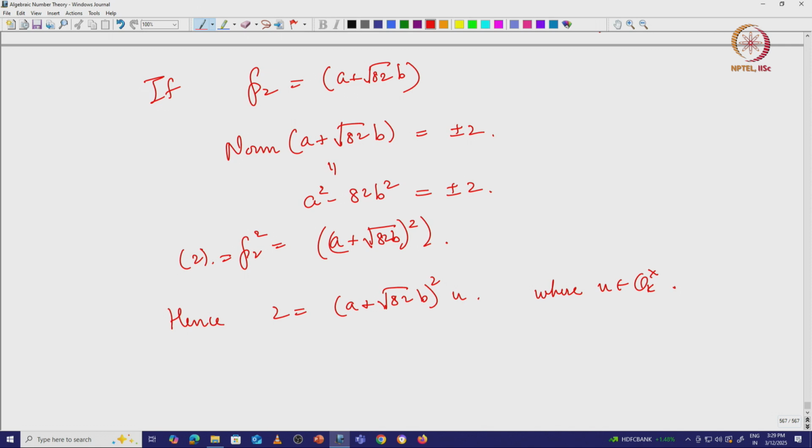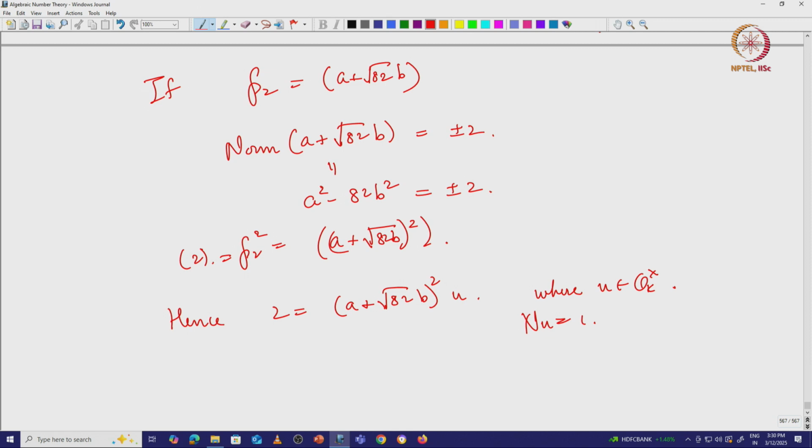If you take norms of both sides, the norm of this is 4, the norm of this is also 4, and so the norm of u will be 1. It can't be minus 1, because of the way it is defined.